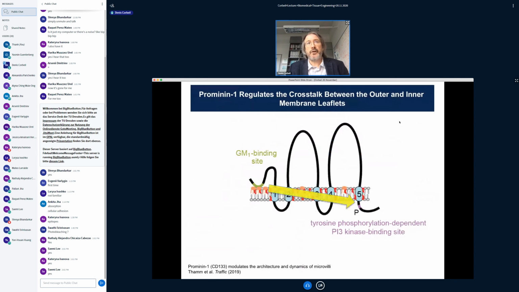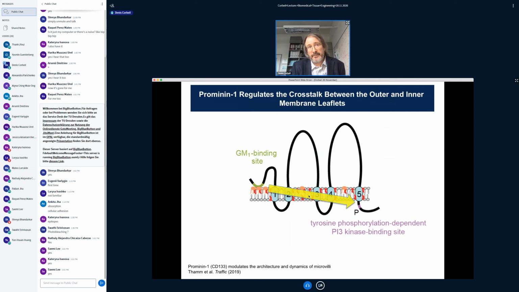So this slide can summarize what we have seen from the beginning of the second part. Here you have the plasma membrane, the outer leaflet and the inner leaflet. The interaction of prominin-1 with the GM1 ganglioside here can favor its phosphorylation on the cytoplasmic side.